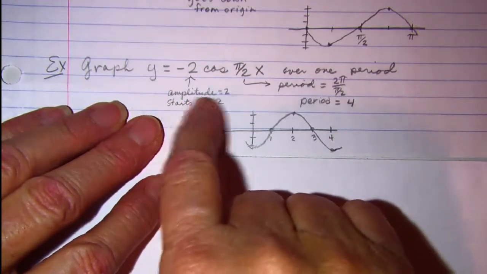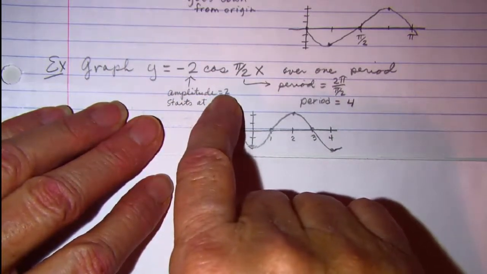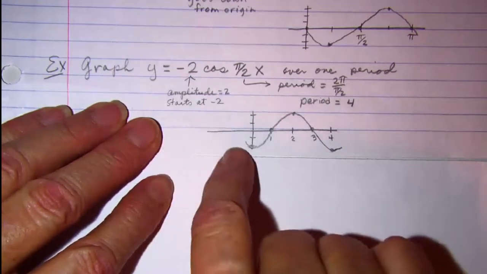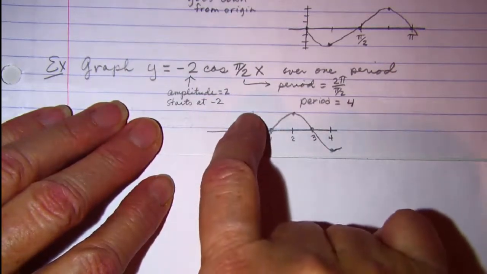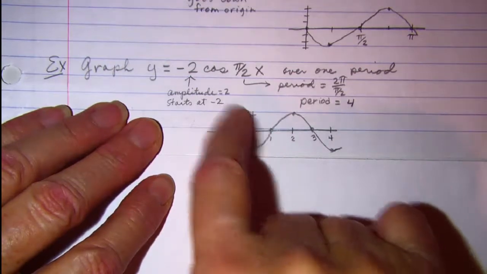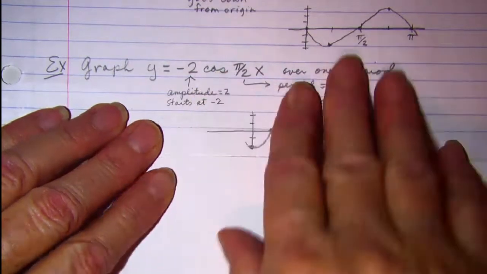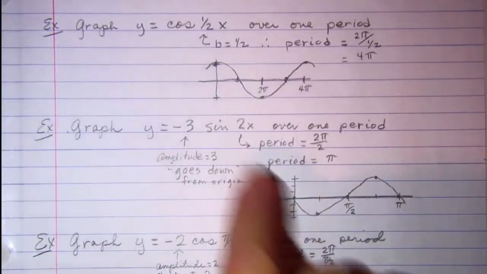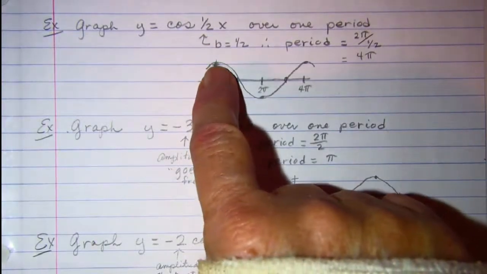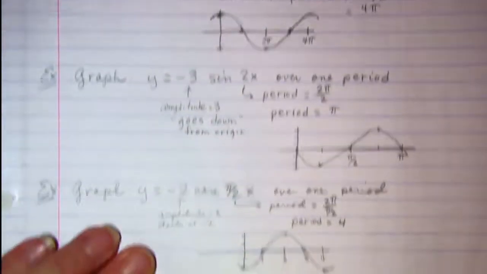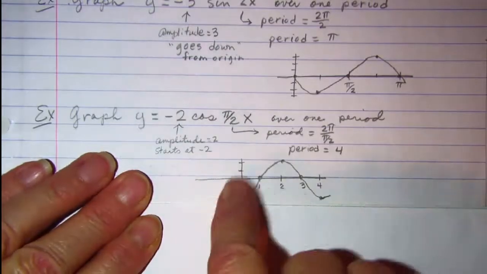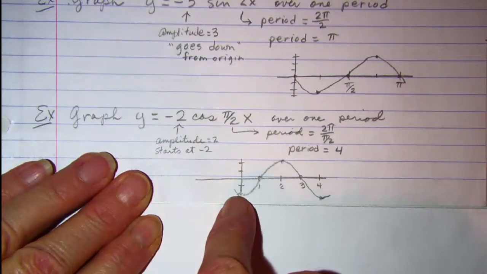The amplitude is +2, but my cosine, instead of starting at +1, like a cosine curve starts up at +1, here's another cosine curve. Instead of starting at +1, in this case it starts at -2.